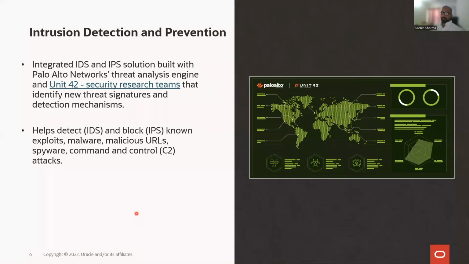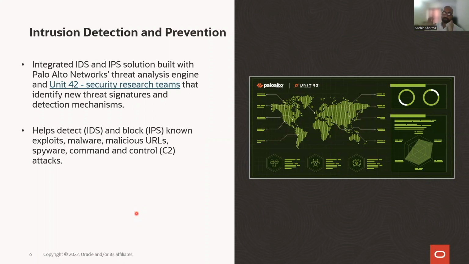It will identify new threat signatures and have detection mechanisms, which will be updated automatically on our network firewall on a regular basis when Palo Alto releases them. It will help detect IDS and block IPS.